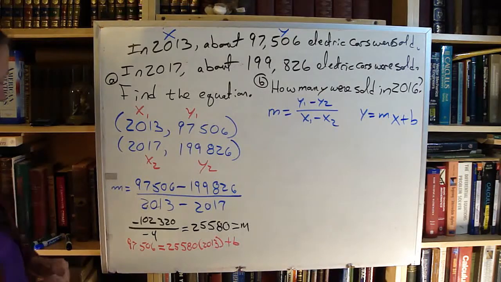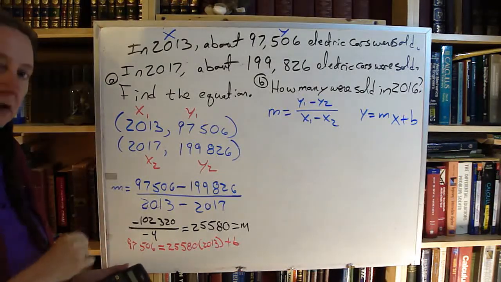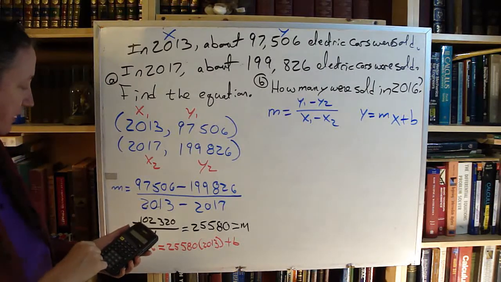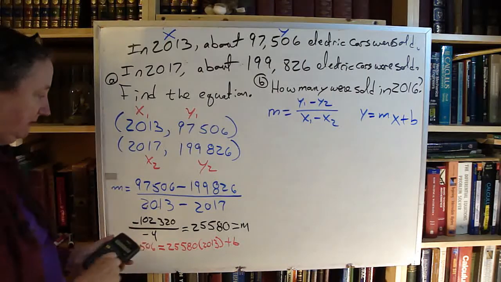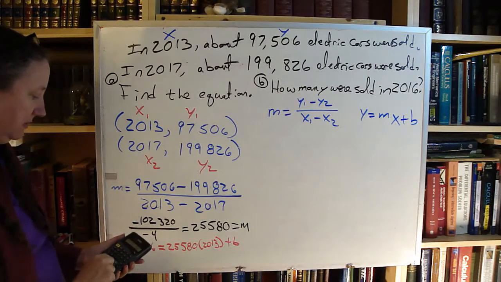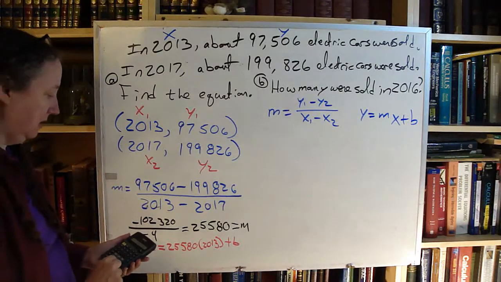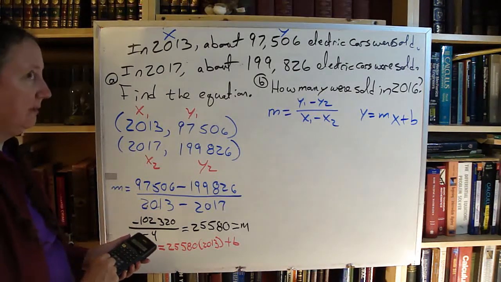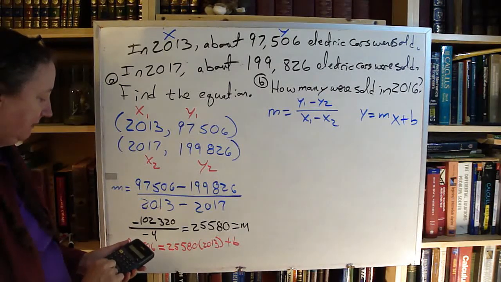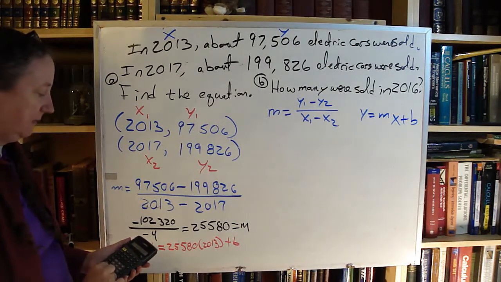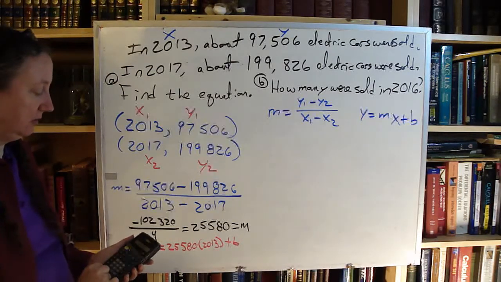Solving for b. There's going to be another way of doing this. I'll get to it after I finish this one. I take my 25,580 times 2013. I get a really huge number. And I'm going to subtract that from the 97,506. And I still have a really huge number.